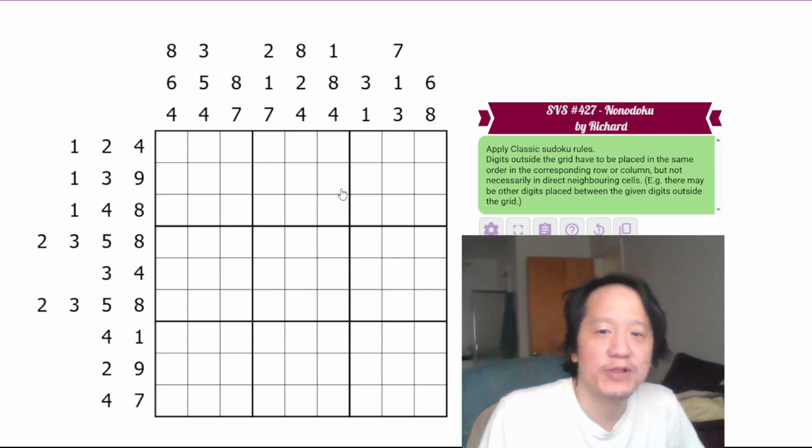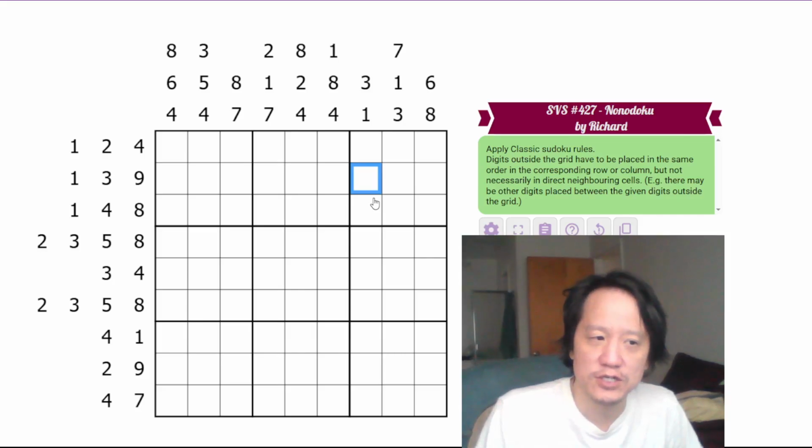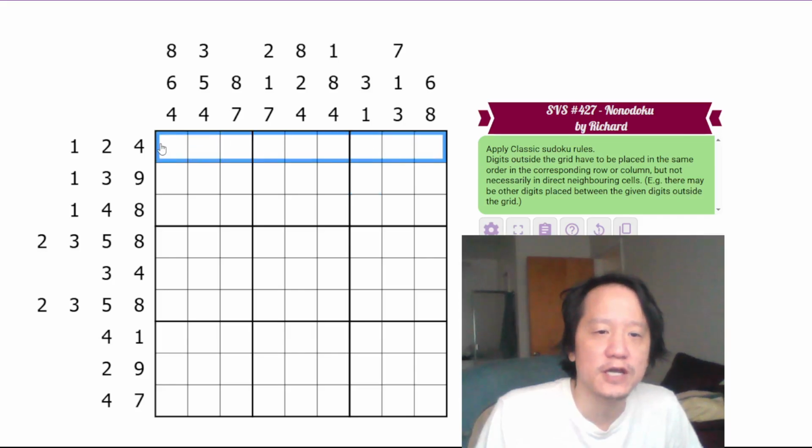Apply classic Sudoku rules, which means for every cell inside the grid, place a single digit from 1 through 9, such that there are no repeats in any row, column, or designated 9-cell region, which is a box.